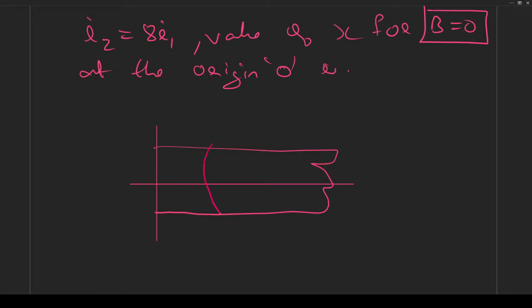Now there are two loops like this, and I1 and I2 in opposite directions.